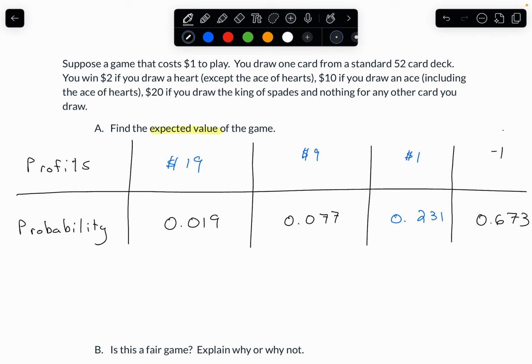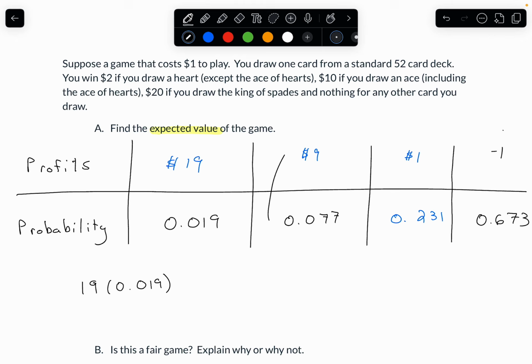For every single outcome, I'm going to take the outcome, which in this case is the profit, and multiply it by the probability for which it occurs. So I'm going to take $19 times 0.019. I'm just using the decimal version of the probability that we found above. And I'm going to do that for every single outcome.